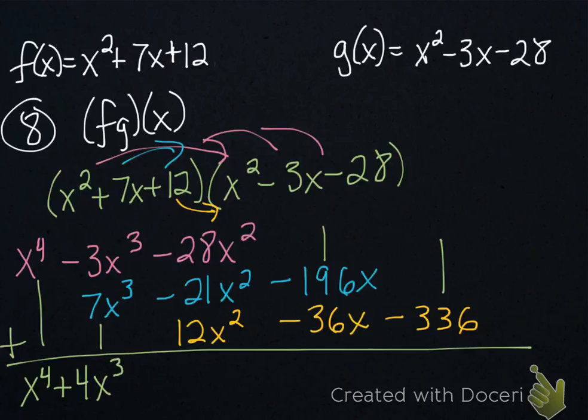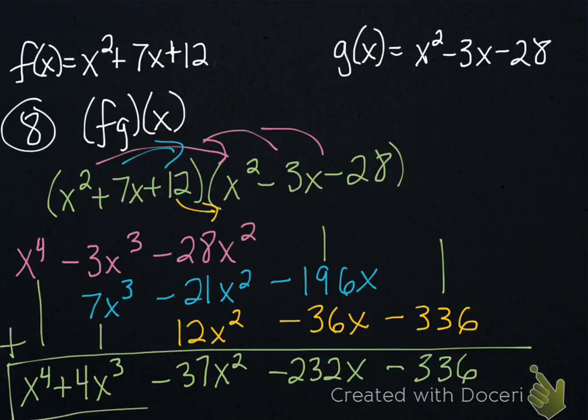X squareds, negative 28, negative 21, and positive 12 gives me negative 37x squared. Then I have negative 196 and negative 36. That gives me negative 232x. And then last but not least, minus 336. If you can handle this problem, you can do anything. You're awesome.